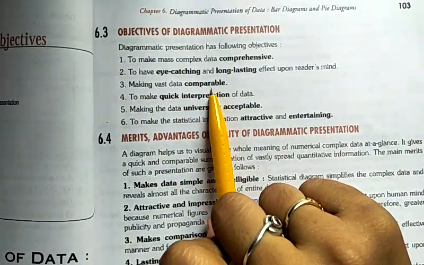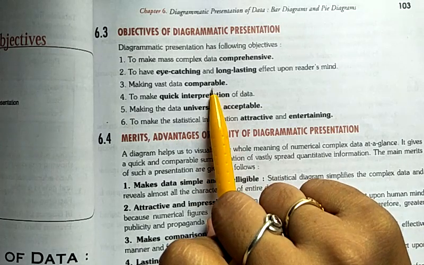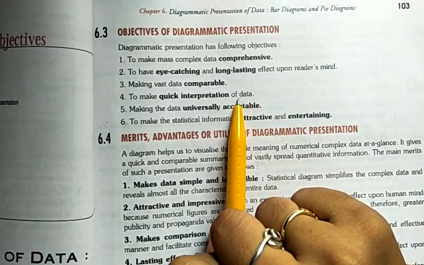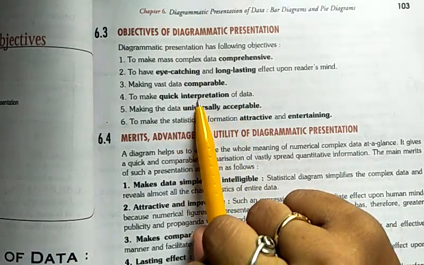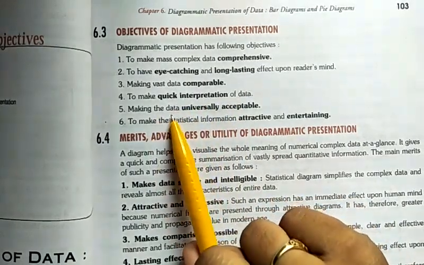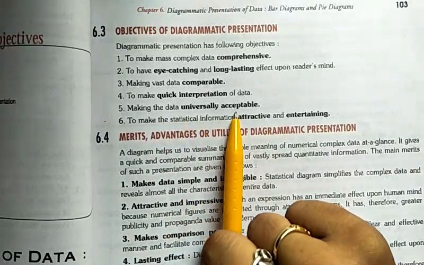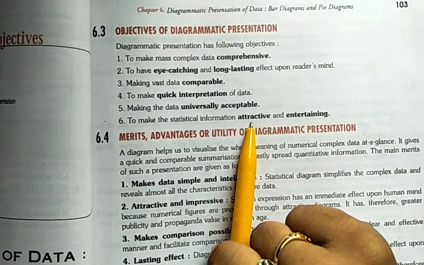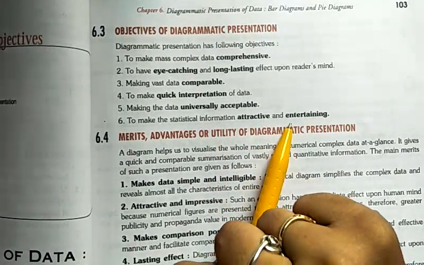So when data is presented through diagram, it is comparable. To make quick interpretation of data, as I said, with one look you can interpret the data, making the data universally acceptable. To make the statistical information attractive and entertaining.